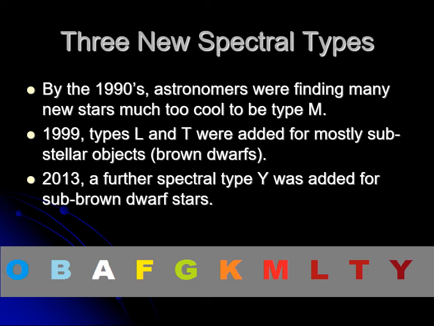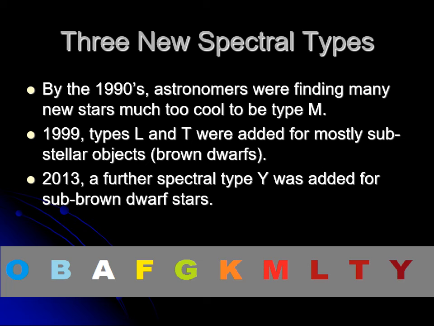And then in 2013, there were about a handful of objects that are even dimmer than failed stars. These are basically just glowing blobs of infrared, warm gas. And so they introduced another spectral type, Y.